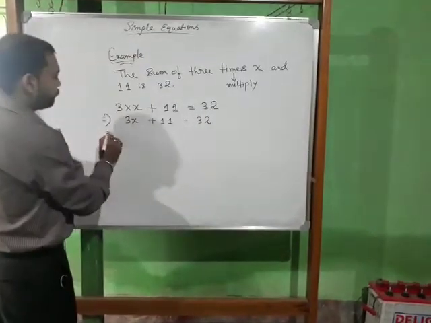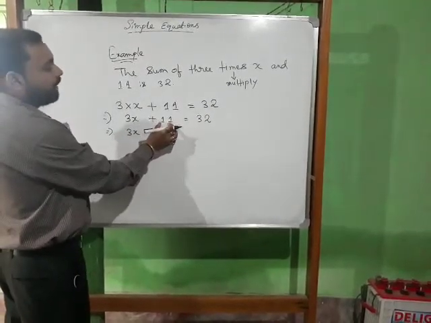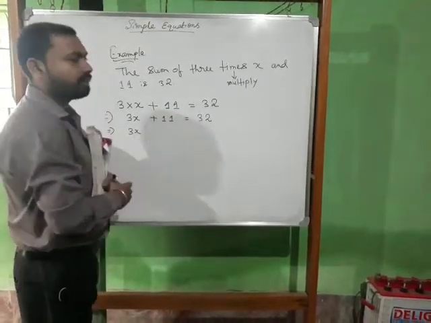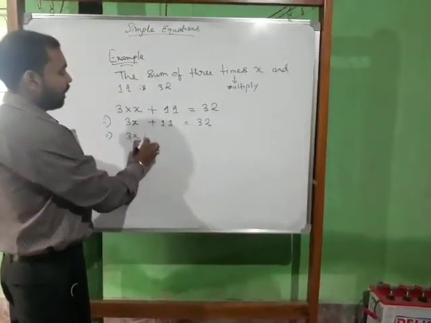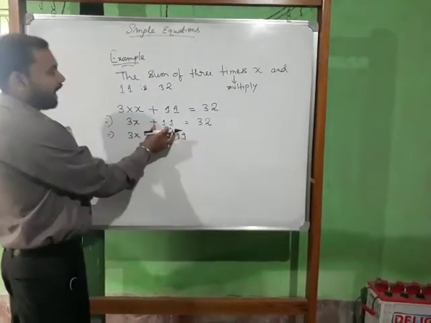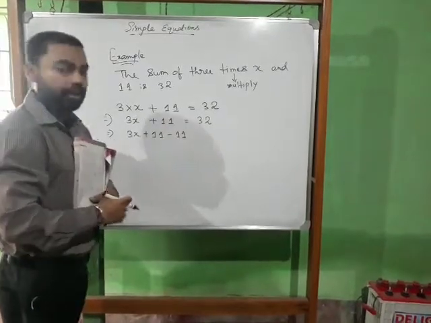Now you see, plus 11. If I want to make it 0, what should I do? I should write minus 11, because as I write minus 11, this plus 11 and minus 11 will become 0.